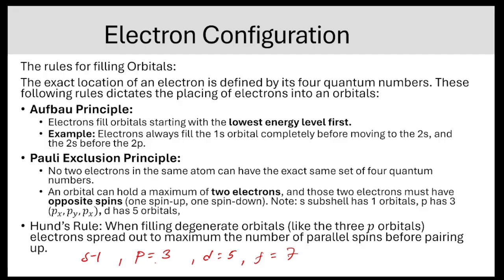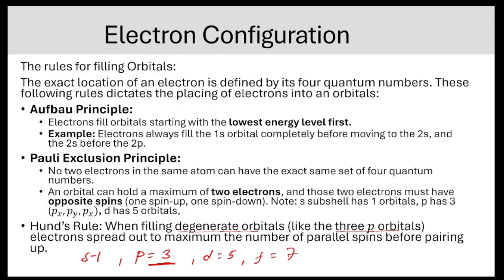So for a subshell with multiple degenerate orbitals, electrons fill one per orbital first, with parallel spin, meaning the same spin, and then they will pair up once they fill all three orbitals.